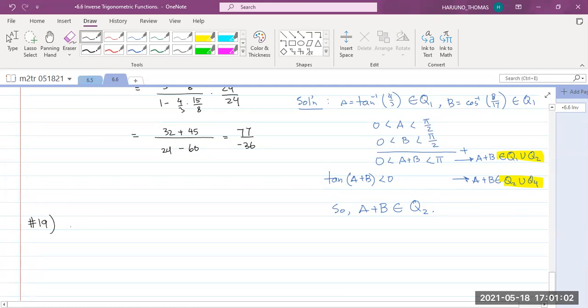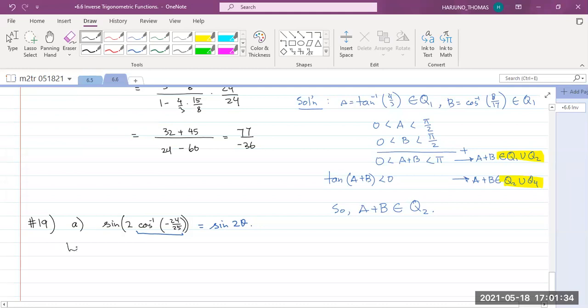Number 19, part A: sine of 2 times cosine inverse of negative 24 over 25. How do we attack that? Use this as our angle. So we will end up computing sine of 2 theta.